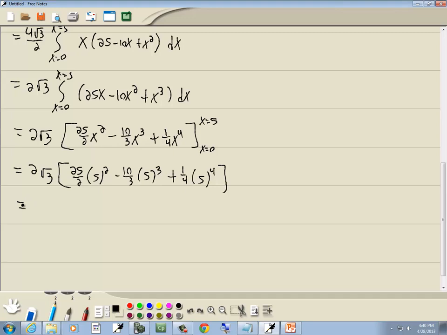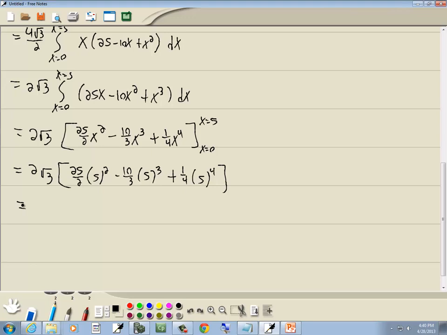And I'm getting lazy. Also, I don't want to make a basic math error. I got this weird feeling that I have made a basic math error somewhere, but sometimes you just get that feeling. Minus 10 divided by 3 times 5 to the third plus 1 divided by 4 times 5 to the fourth. 25 halves times 25 minus 10 thirds times 5 to the third plus 1/4 times that times 2.